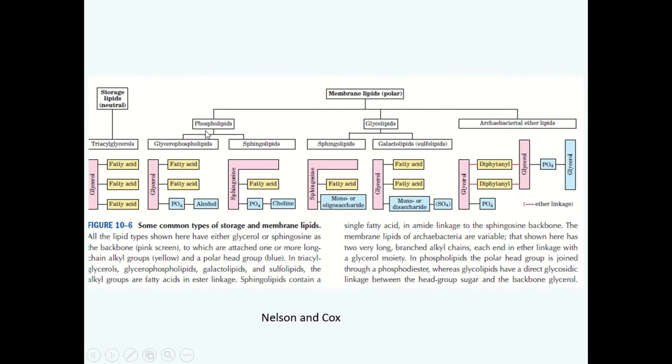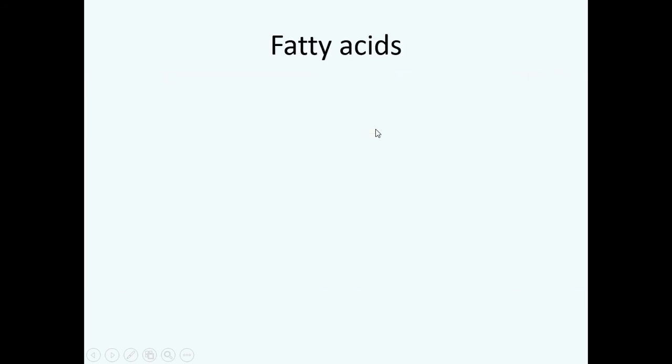One such type present in the membrane are called phospholipids. Others are glycolipids. As the name says, these lipids are conjugates with carbohydrates. In the coming slides, we will look at the detailed structure of these various different types of lipids.